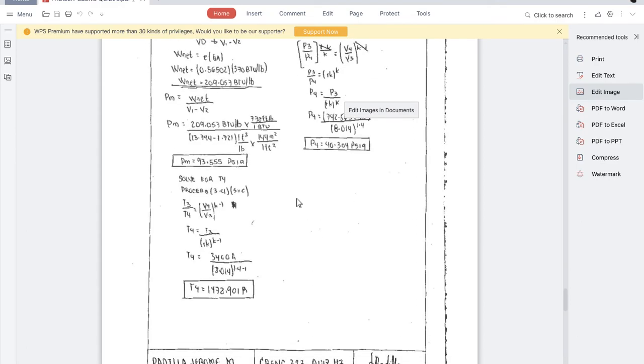For the T4, we use process 3 to 4, S equal to C, which is T3 over T4 equal to V4 over V3 raised to k minus 1, so T4 equal to T3 over rk raised to k minus 1, because rk is equivalent to V4 over V3. For the T4, 3400 R over 8.014 raised to 1.4 minus 1. The final answer for the T4 is 1478.901 R.